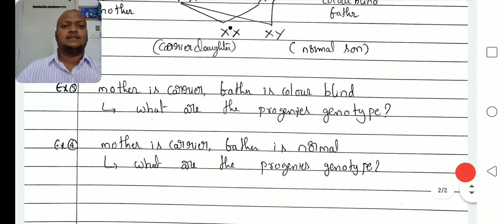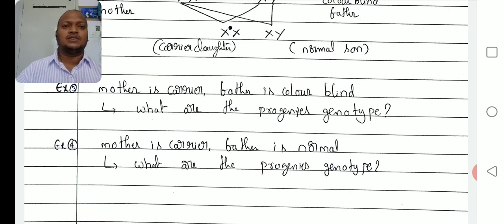Next, the third and fourth you can practice at home. Example three: mother is carrier and father is colorblind. What progenies are formed? What are the progenies' genotypes? In the fourth scenario, mother is carrier, father is normal. What progenies are formed?